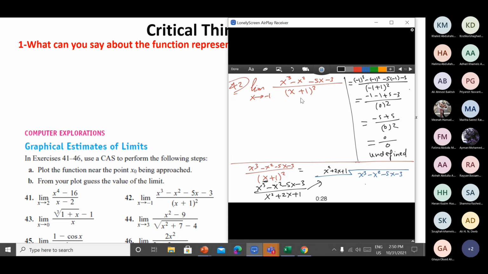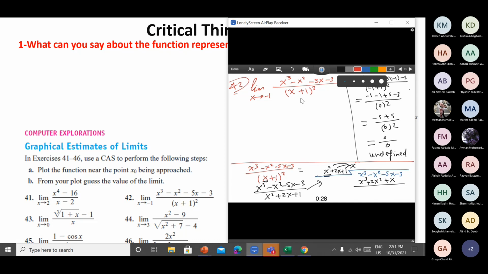How can I do the long division? I take the first one here, divided by the first one. x cubed divided by x squared will be x. And then I multiply this one here and here and here. x times x squared will be x cubed. x times 2x is 2x squared. x times 1 is x.